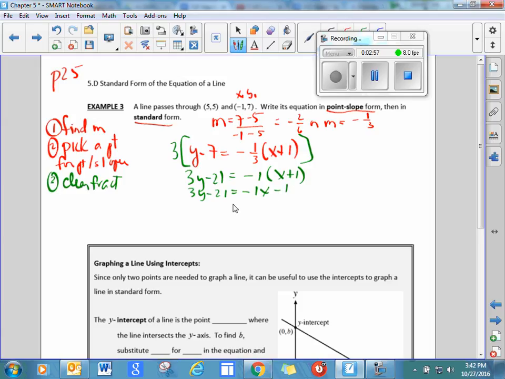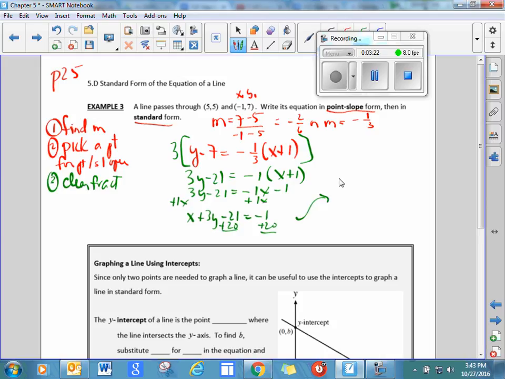Now we'll go ahead and proceed to get the x over here with the y. So I'm going to add 1x to both sides. And that gives us x plus 3y minus 21 equals negative 1. One last step, I've got to get the 21 over here with the other constant.